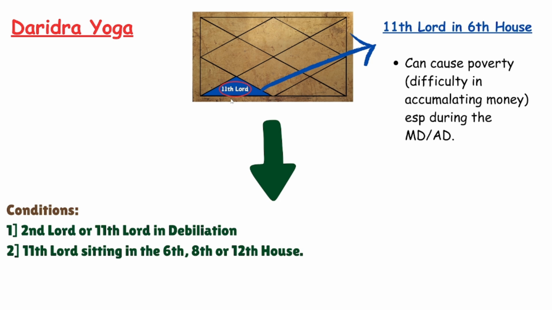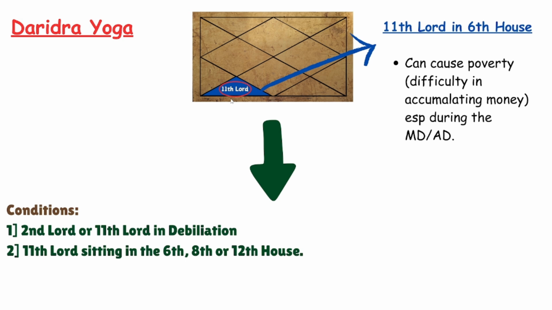Now let us see some generic predictions from this placement. The first thing is, it is a form of Daridra Yoga. What is a Daridra Yoga? When the 11th Lord goes into the 6th, 8th or 12th house, or when the 2nd or 11th Lord, the Dhan Lords, go into debilitation, it is called a Daridra Yoga.